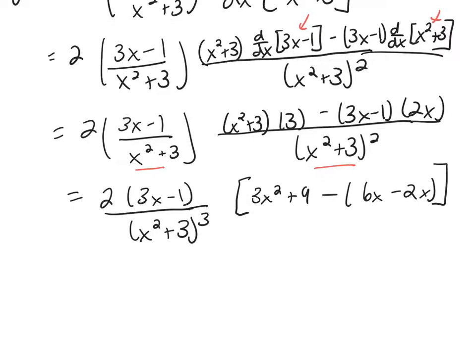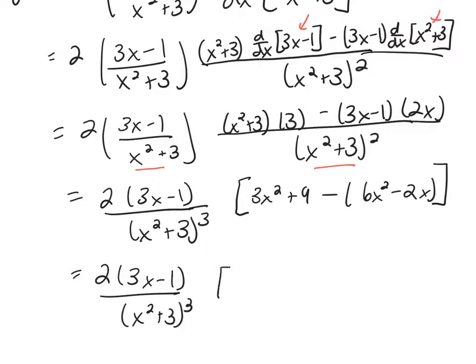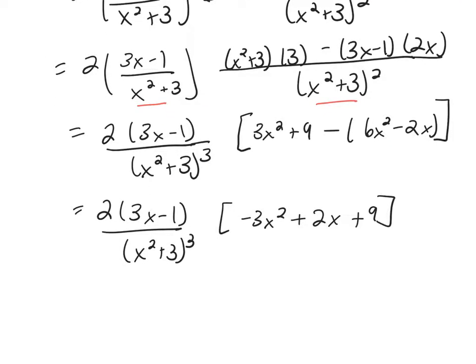So if I simplify all that down, that should have been a square there. You would be left with a negative 3x squared plus 2x plus 9. And there's my derivative.